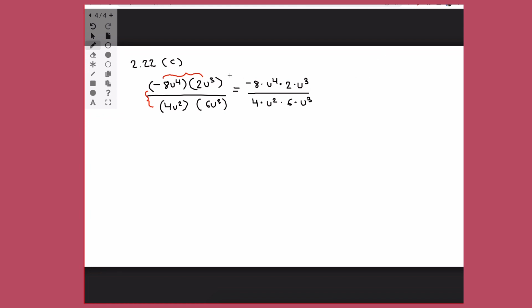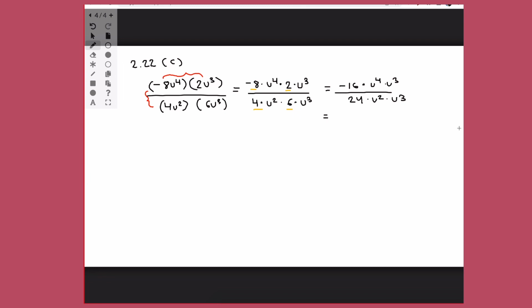Okay, so now we can multiply the constants in both the numerator and the denominator. So you get minus 16 times u fourth, u cubed, over 24, u squared, u cubed.